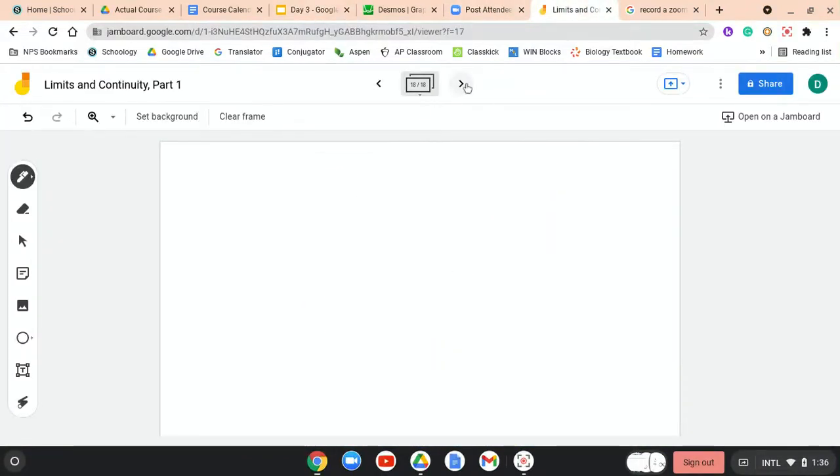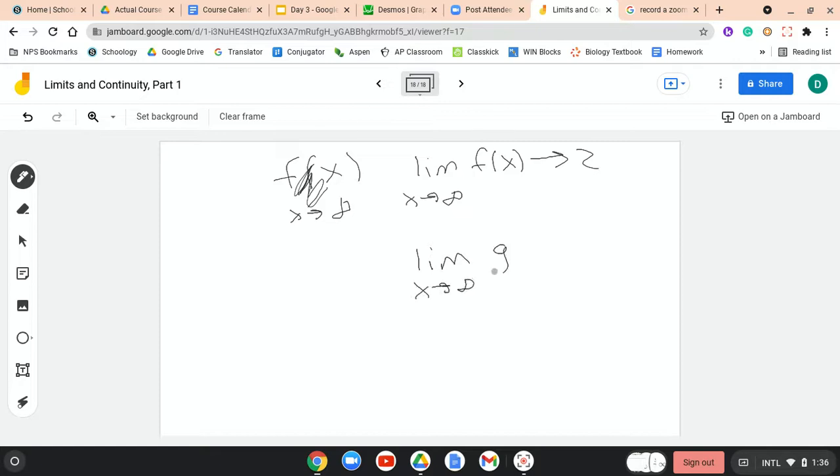If you had a function f of x that as x gets really, really big, the function approaches 2. And let's say you had another function, g of x, that when x got really, really big, approached 3.